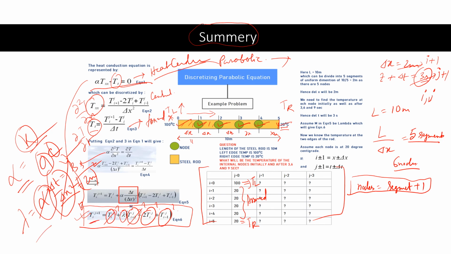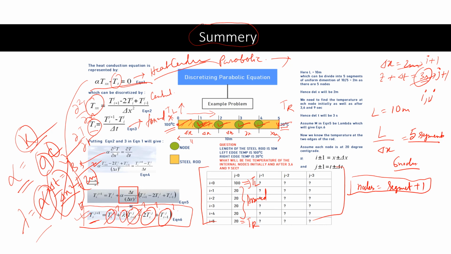So here, T_i at the first stage, i is equal to 0. T_i will be your 100 degree centigrade because this is given. Then lambda, then T_(i+1) will be this one. So for i plus 1, we have assumed that this will be 20 degree centigrade because these temperatures are of the previous time scale. So j means the initial time scale.